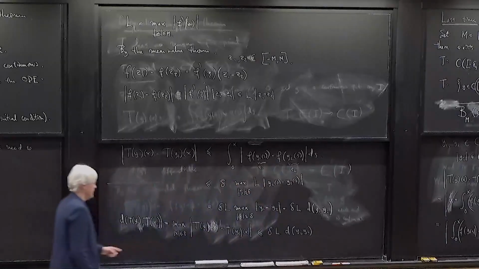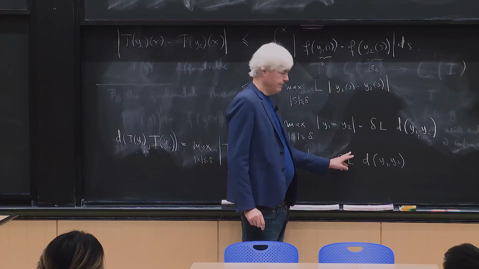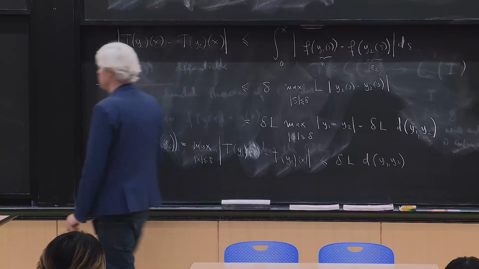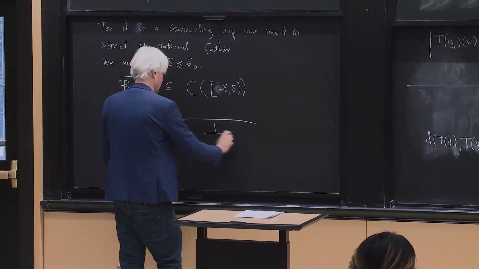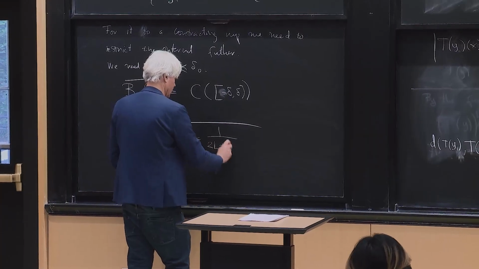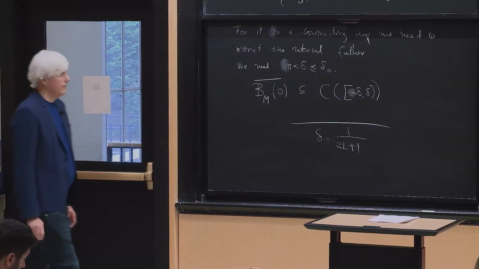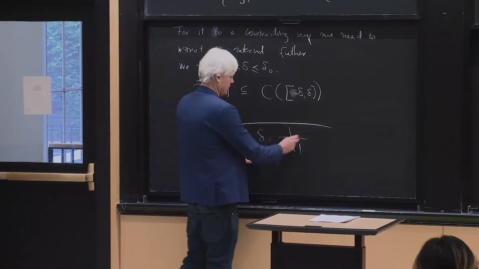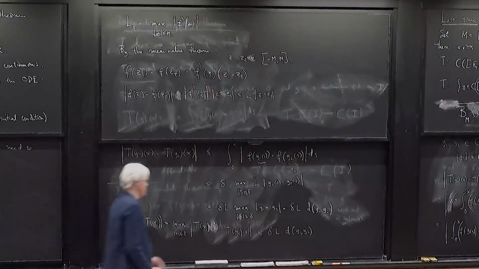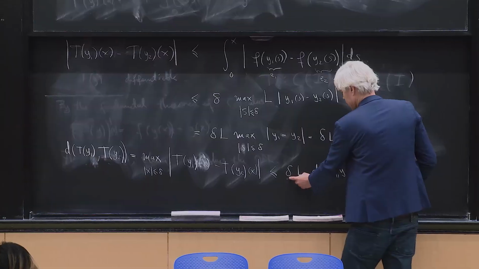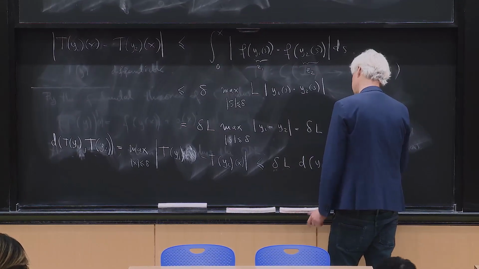And so you see that L here was just a fixed constant, right? If I now set delta equal to 1 over 2L, just to make sure that there's no problem, I don't really need the 1, but I'll just do it like this so I don't have 0 in the denominator. If I choose delta to be equal to this, then you see that the product of these two is less than a half.